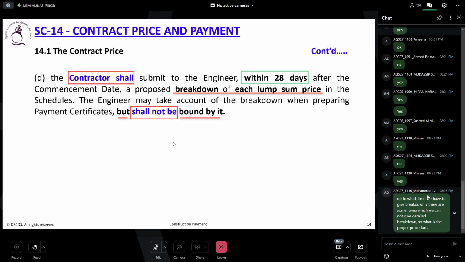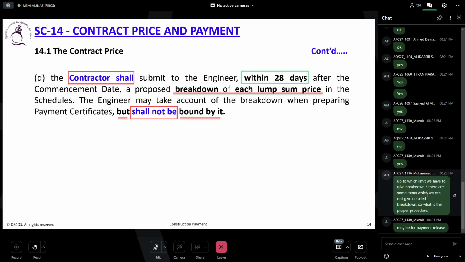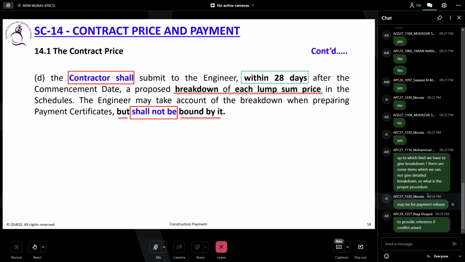So it is something putting some responsibility. See, contractors generally don't want to show their breakdown. But you have to give it within 28 days from the commencement date, and they are not bound by that. This is a kind of subclause where the contractor has some problem practically. And another thing, be aware this is a purely measure and value contract.